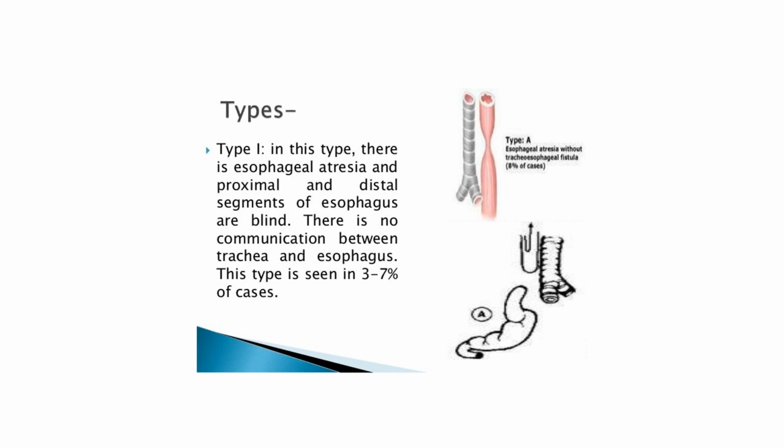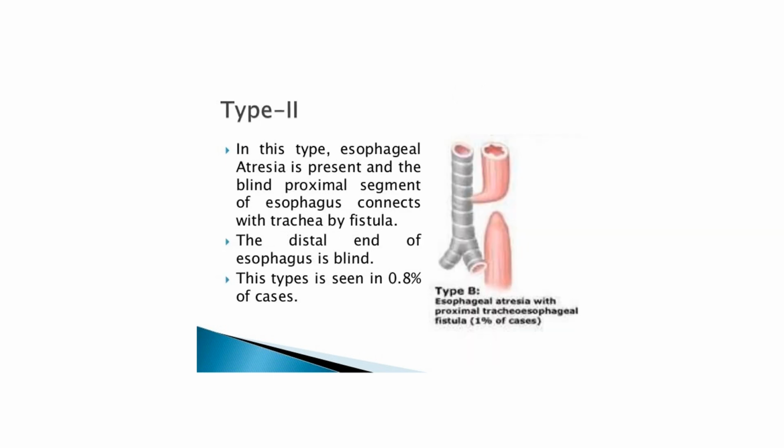In type 1 you can see there is no connection in between the esophagus tube. Because there is no connection, they will form two different blind pouches. Next we will see type 2.